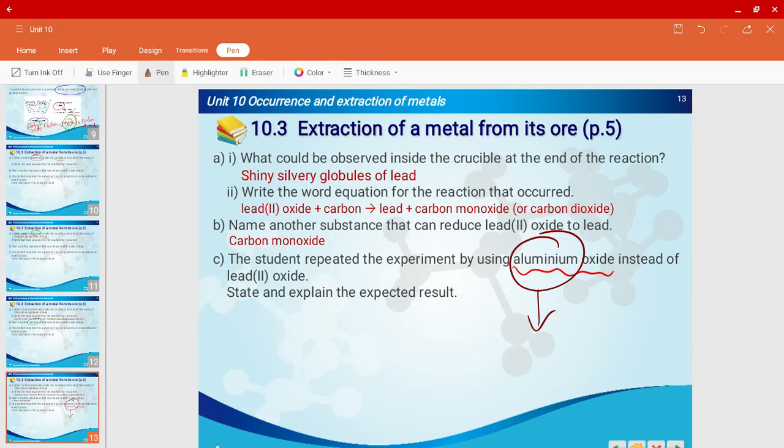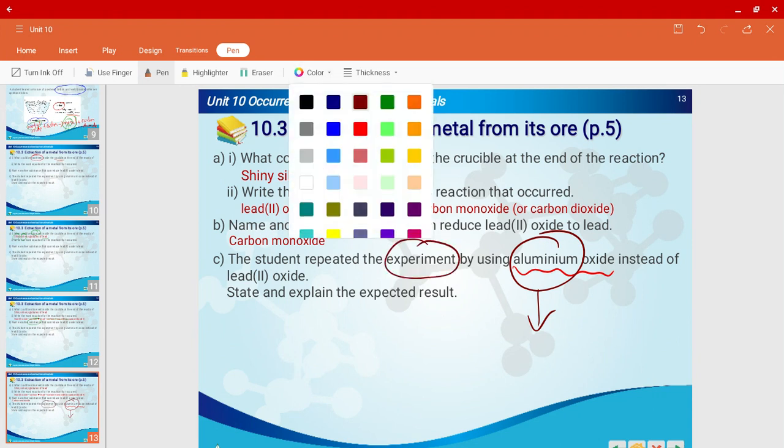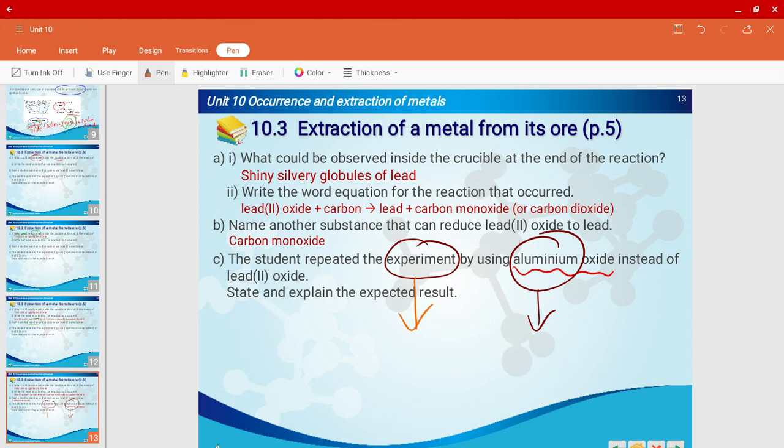Keeping this in mind, in this experiment, what process were they using? Yes, they were using method number 2, heating with carbon. So can we use this method, heating with carbon, to extract aluminium? The answer is no. And why is that the case?